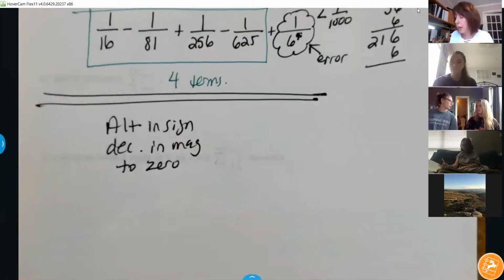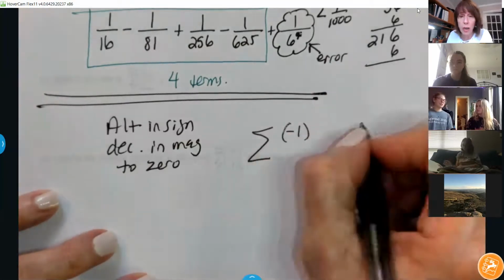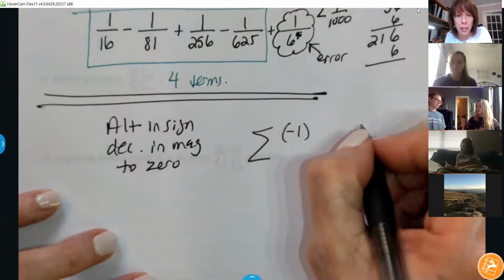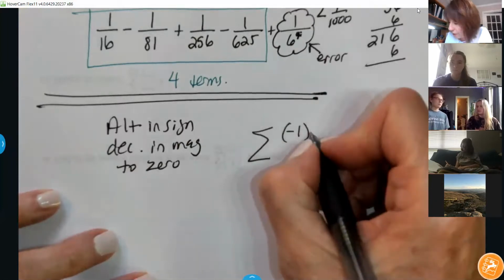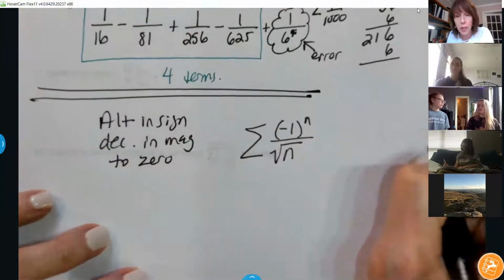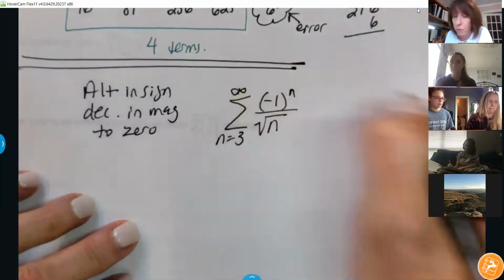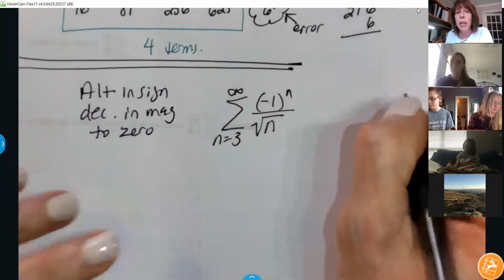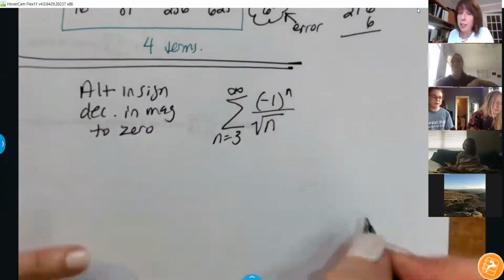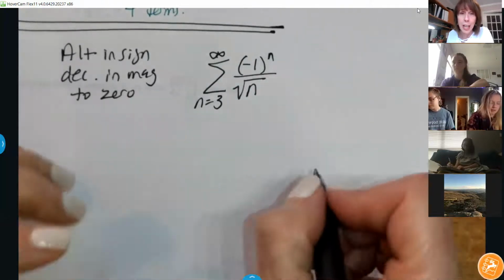And by the way, if you were doing an alternating series, if you were just trying to decide if an alternating series converged or diverged, let's say we have this guy, and it doesn't matter what those are. The way I taught you to do it, and I did this because most students like this method.